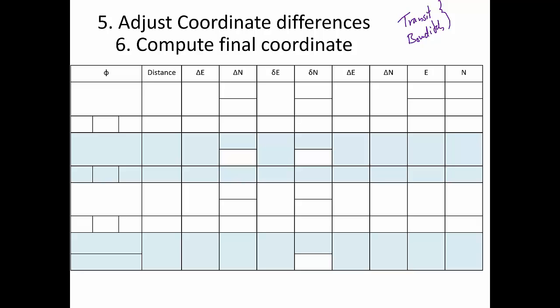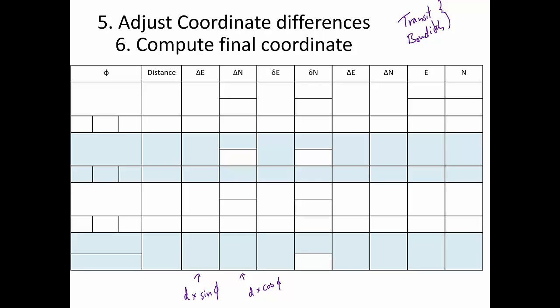Other than that, it's just a matter of computing the delta eastings and delta northings. Delta eastings is your distance multiplied by the sine of the whole circle bearing. Delta northing is your distance multiplied by the cosine of the whole circle bearing.